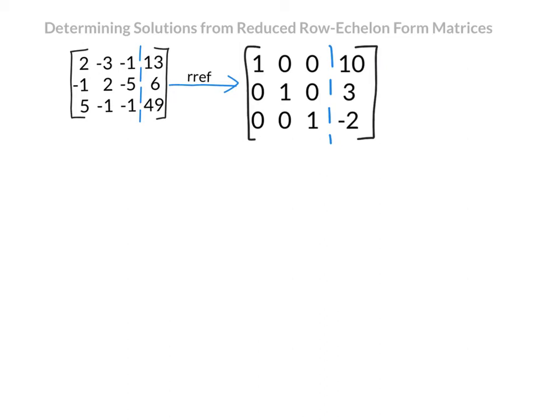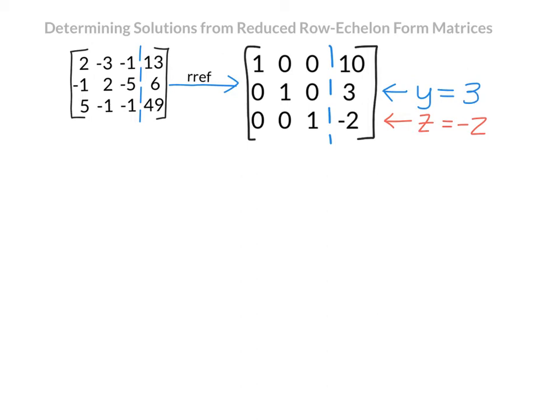So what does this matrix tell us in terms of the situation? Well, this time we now have 0x plus 0y plus 1z equals negative 2. Or, in other words, 1z equals negative 2. We also can see from the second row that 1y, or y, is equal to 3.